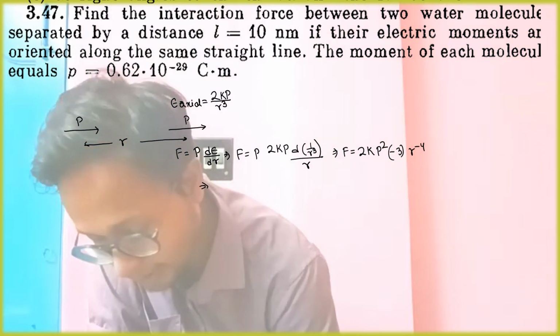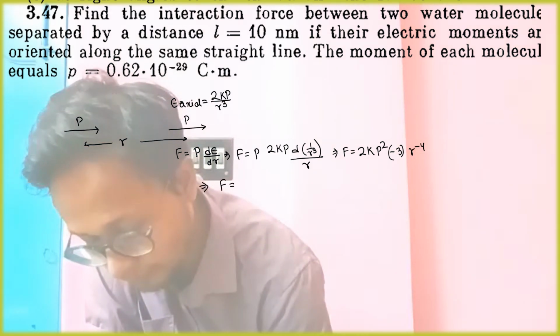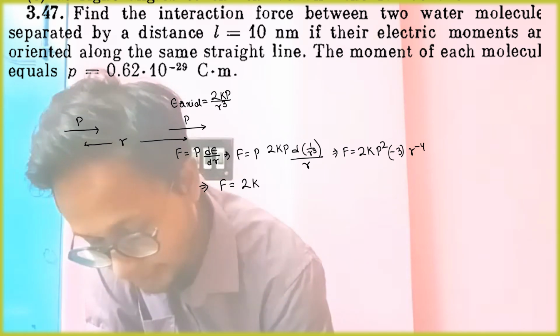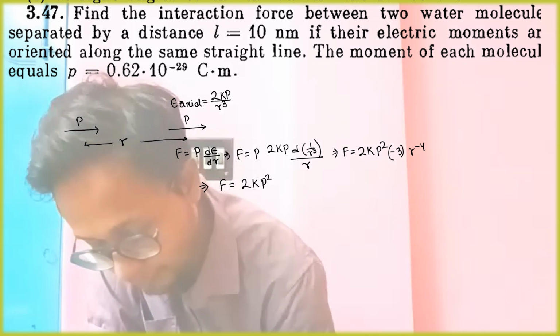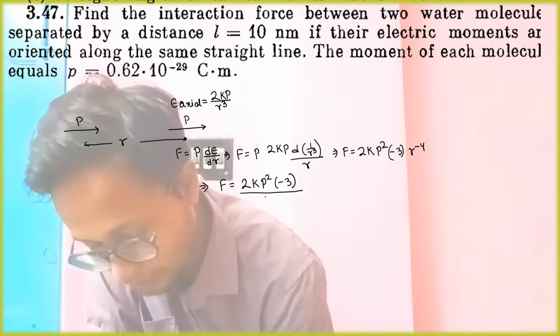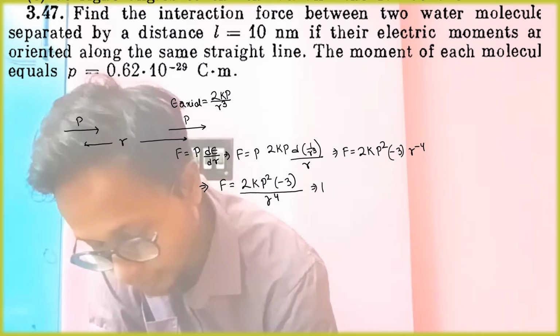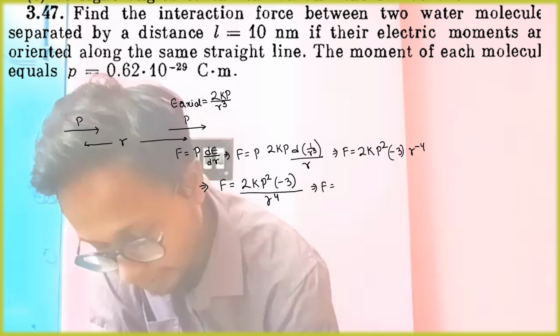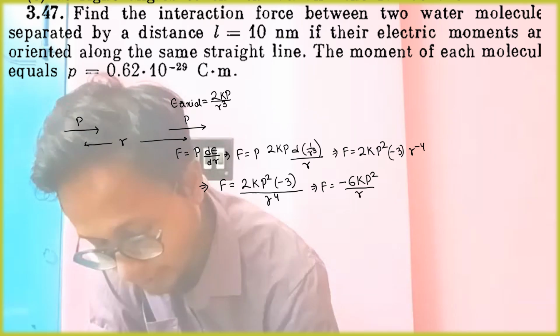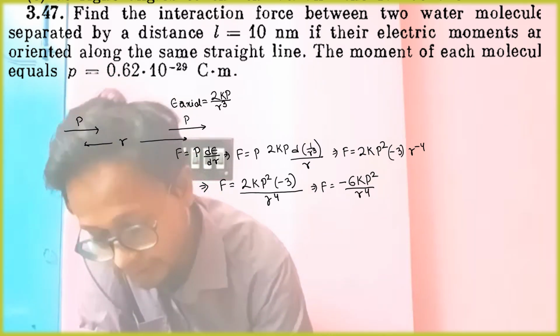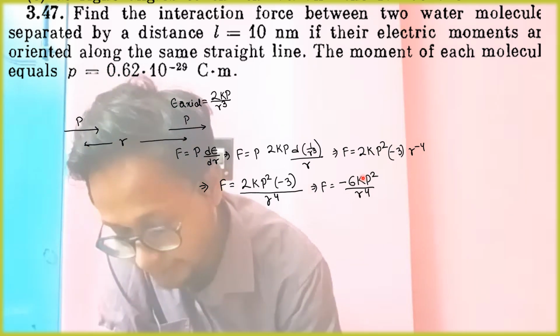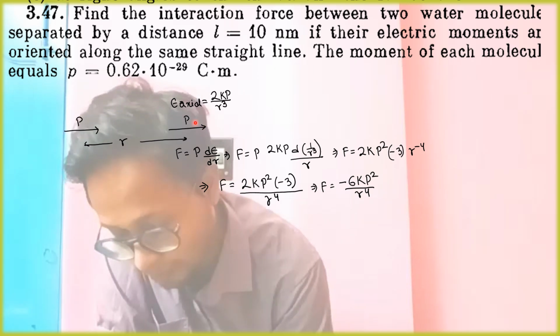Or force acting on one dipole by the other is equals to 2 k p square into minus 3 by r to the power 4. Or force is equals to minus 6 k p square by r to the power 4.